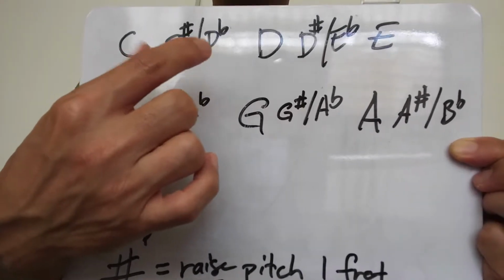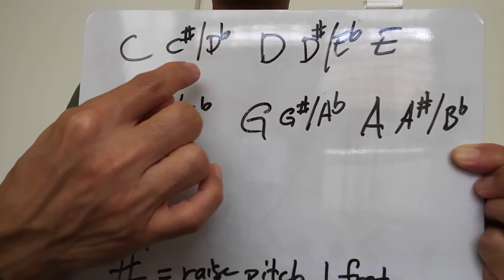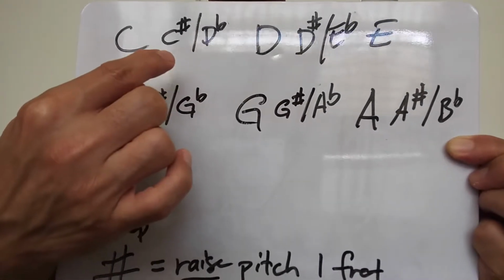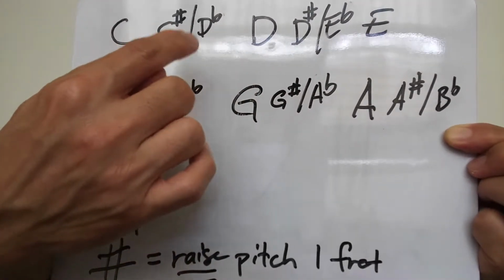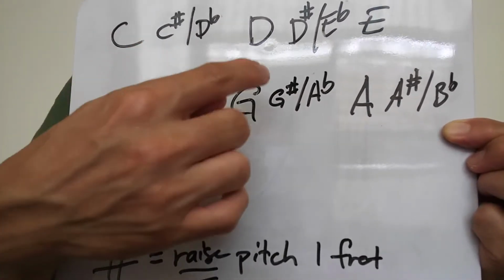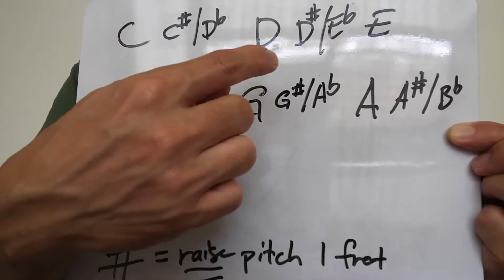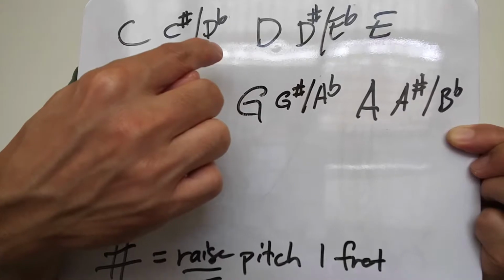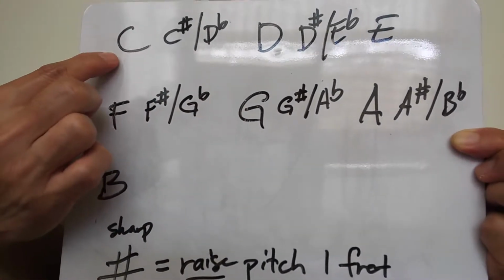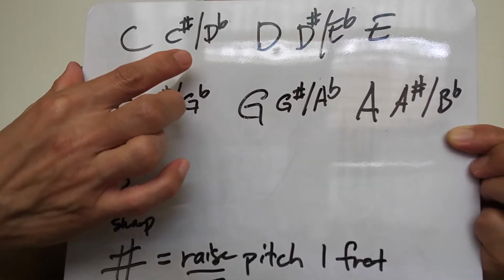It has 2 different names, but it's basically the same note. One raises the C 1 fret, and the other name references the D note, which flattens it 1 fret down.